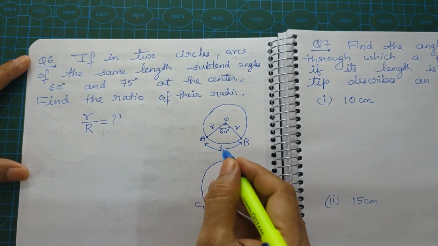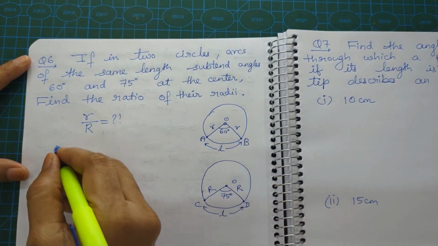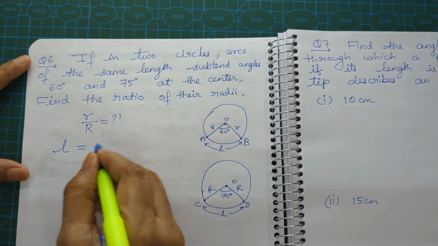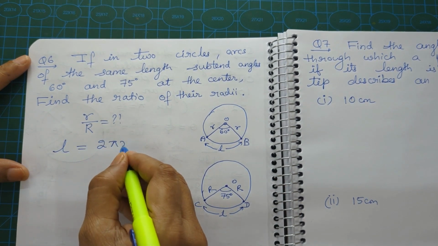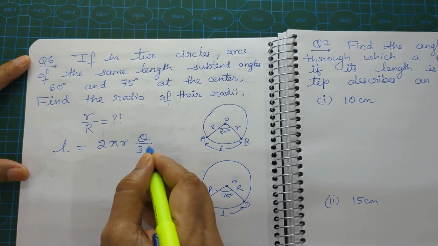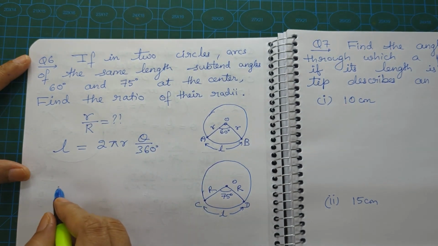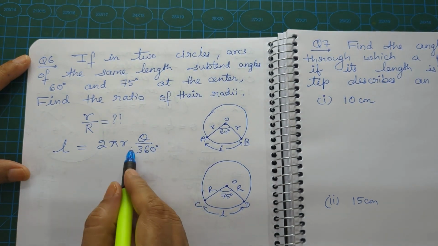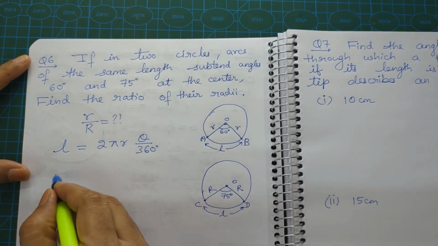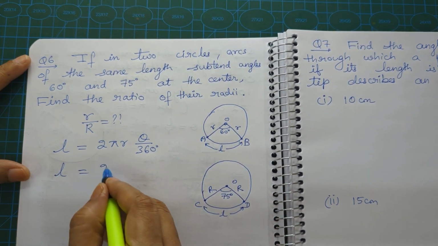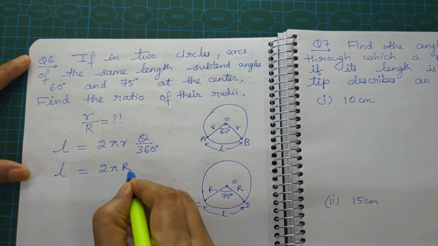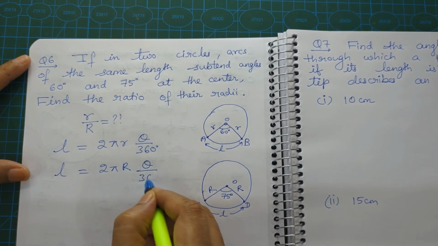Now we will start with length of the arc formula. So length of the arc is 2 pi r theta by 360. So this is length of arc of first circle and length of arc of next circle will be 2 pi capital R theta by 360.